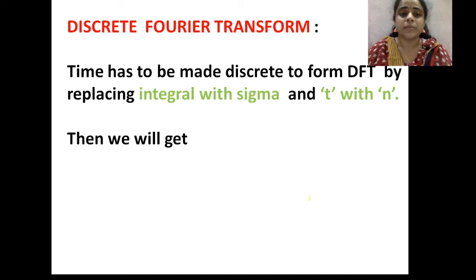Next, discrete Fourier transform. So how are we going to obtain our discrete Fourier transform? Actually, we are going to obtain this discrete Fourier transform by means of sampling only. Another way of obtaining the discrete Fourier transform from the analog transform is like this.